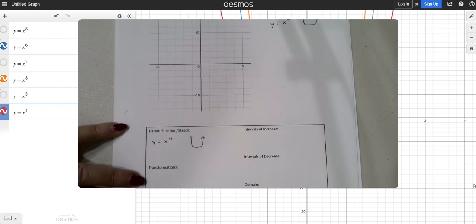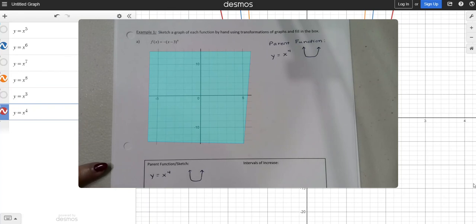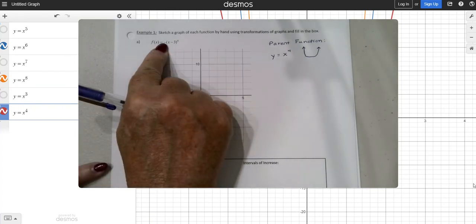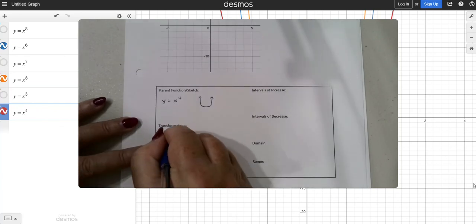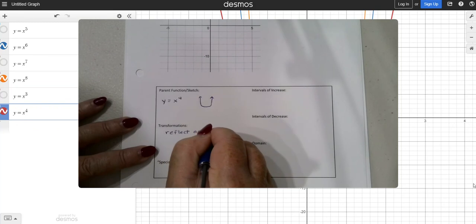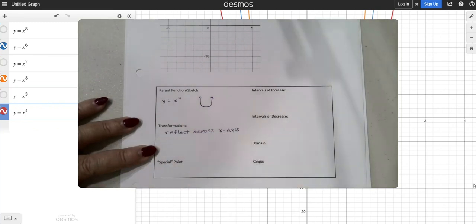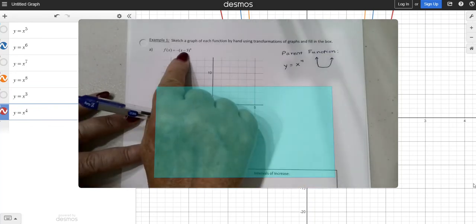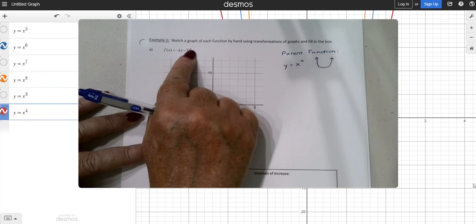All right. Now we'll talk about what transformations have occurred. The negative in front reflects it across the x-axis. And then inside the parentheses, I'm subtracting 3 from the x before I raise it to the power.